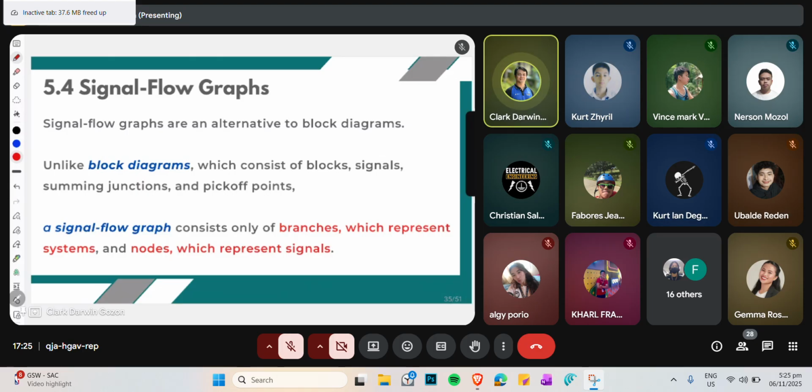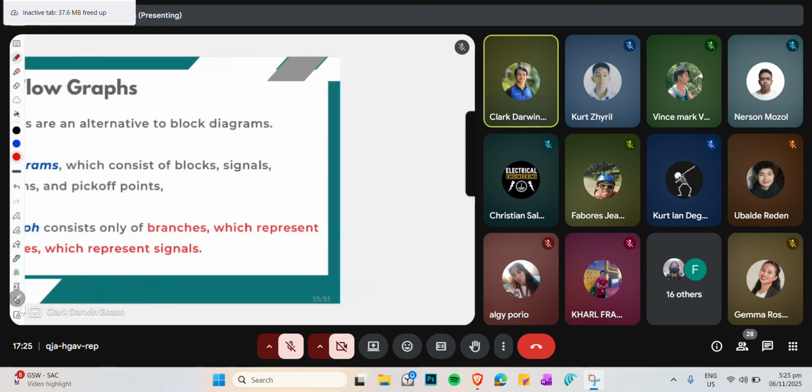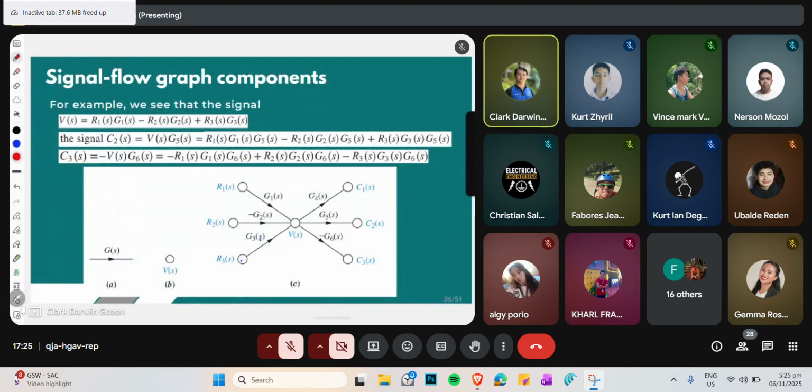Before anything else, I need to explain first what the elements of a signal flow graph are. There are only two elements: a signal and a node.